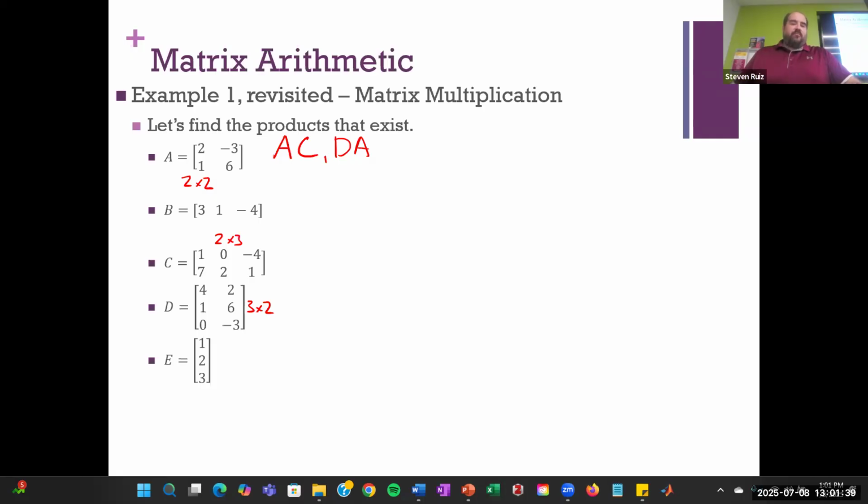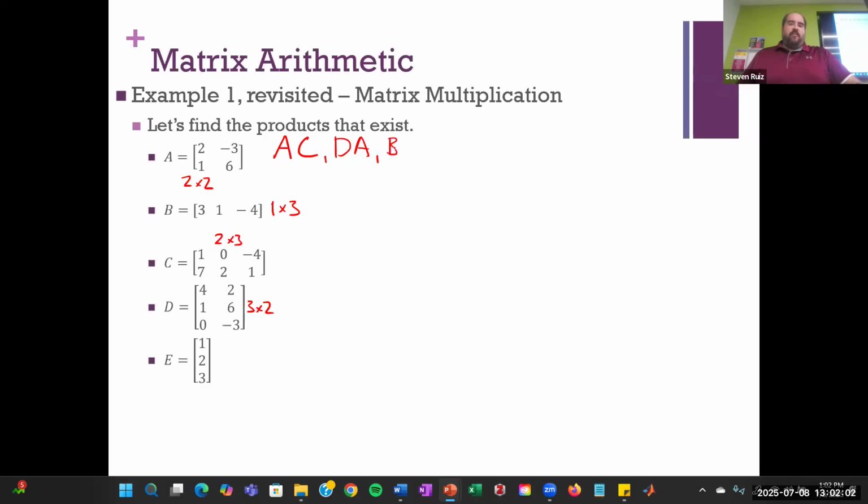What about B? What's the order of B? 1 by 3. So what would I be able to multiply it by? What's that? E? And in which direction? BE? So BE, or sorry, E is what order? 3 by 1.